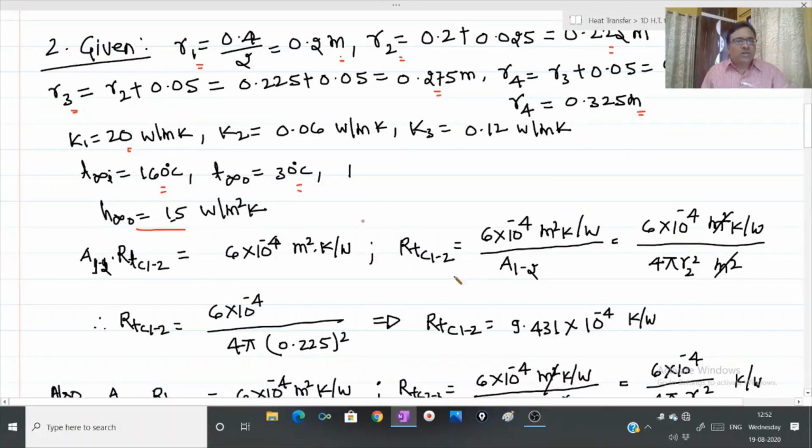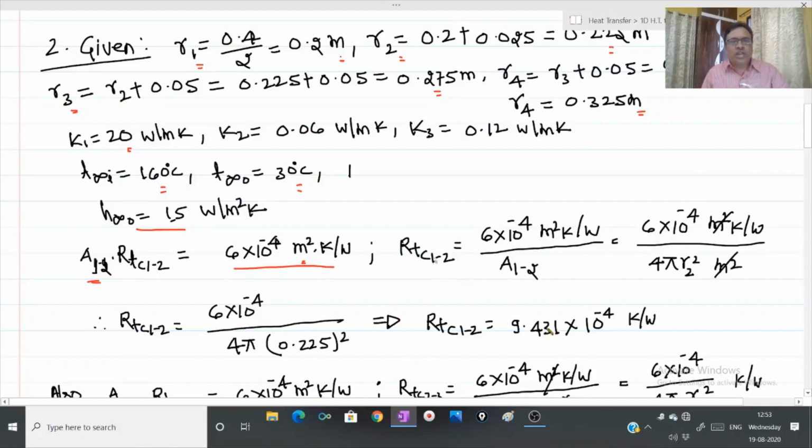Then thermal contact resistance at the interface 1 2 is given as 6 into 10 to power minus 4 meter square Kelvin per watt. Here the thermal contact resistance is given per unit of area. So in order to maintain the uniformity of units, the value of thermal contact resistance into area at the interface 1 2 is 6 into 10 to power minus 4 meter square Kelvin per watt.